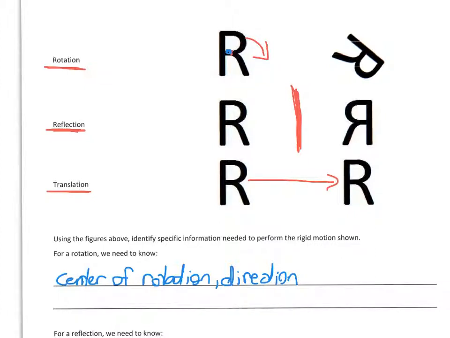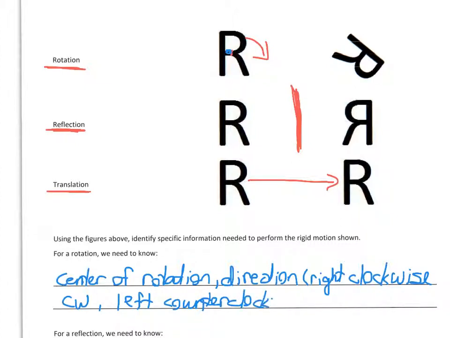Direction means, if you're going to the right, that's clockwise. If you think about a clock, commonly known as CW. And left is counterclockwise, CCW.